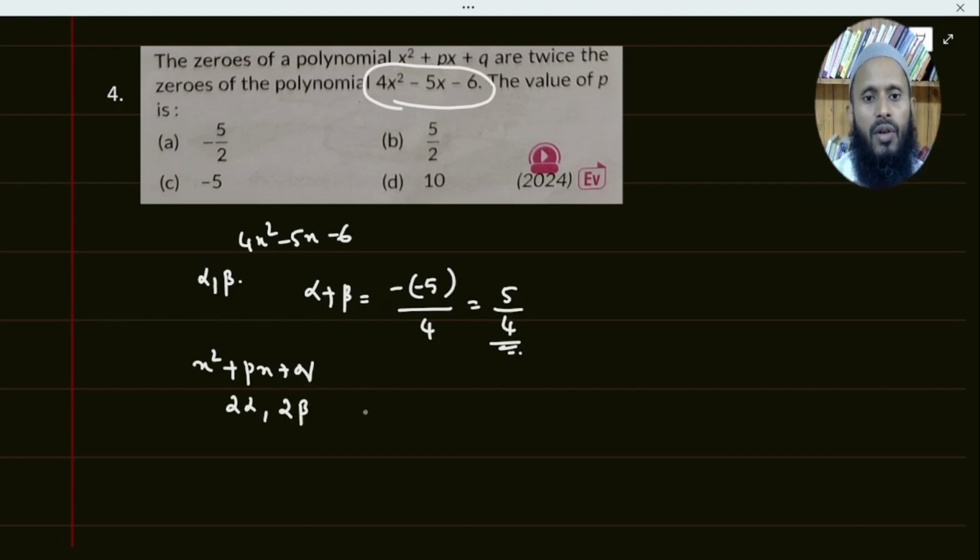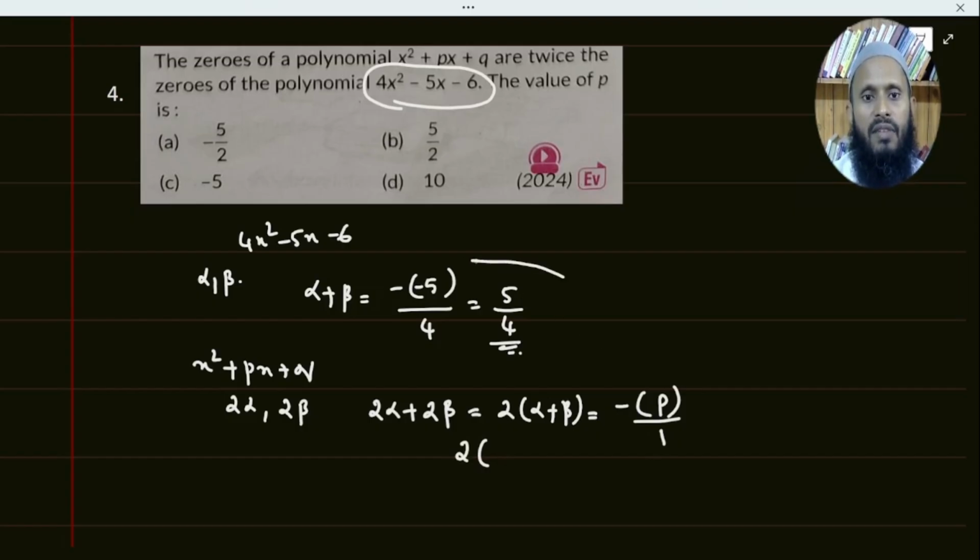Now, for this particular polynomial, the sum of zeros will be 2 alpha plus 2 beta, which is equal to 2 into alpha plus beta. That should be equal to minus of coefficient of x, which is p, by coefficient of x square, which is 1. So now on the LHS we have 2, and then we have alpha plus beta.